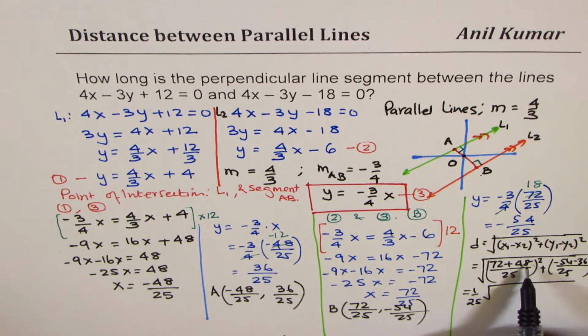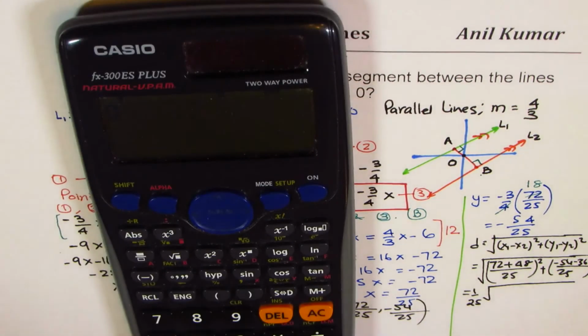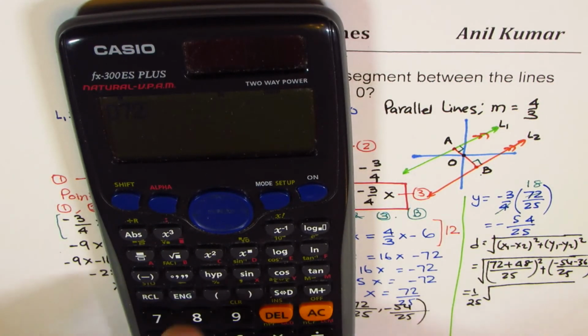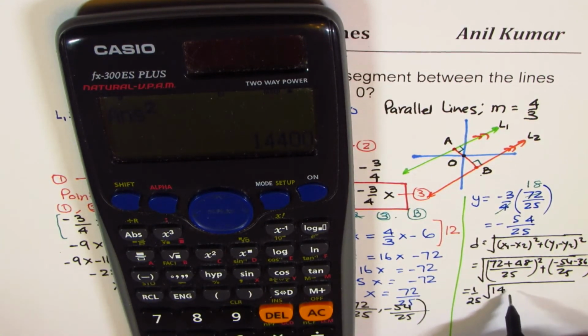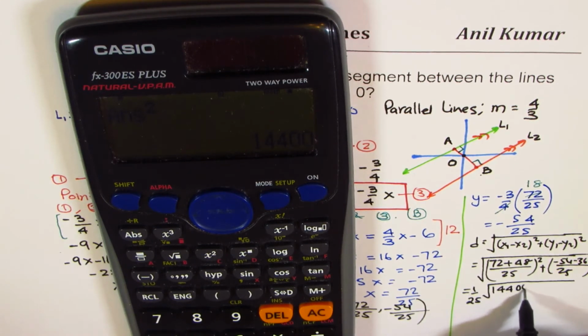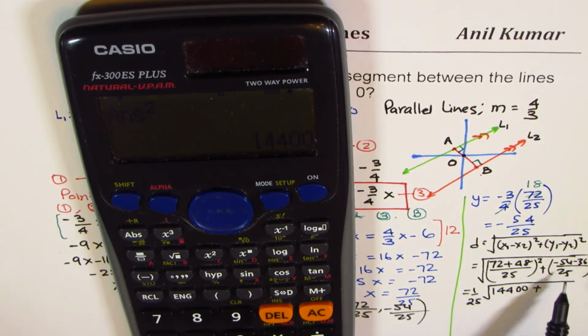If I add this, 72 plus 48, let's use the calculator. Then we'll just square it, right? So we have 72 plus 48, and when we square it, we get 14400, plus. Here we have both negative.